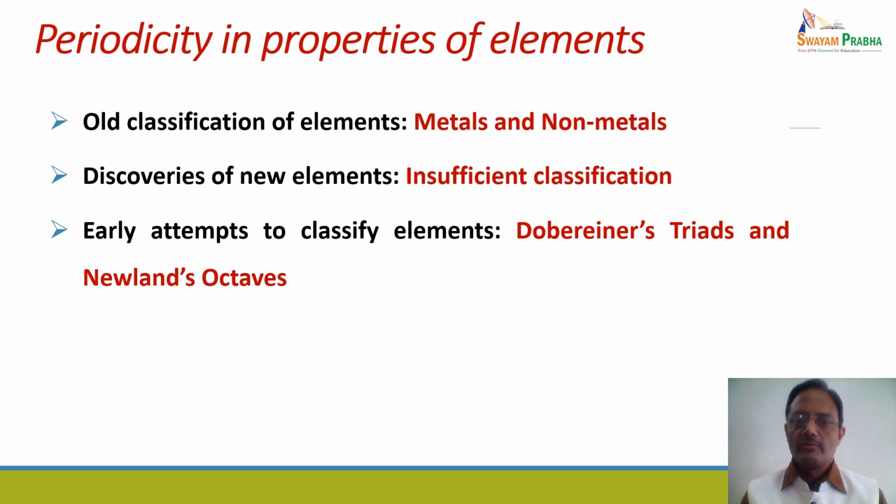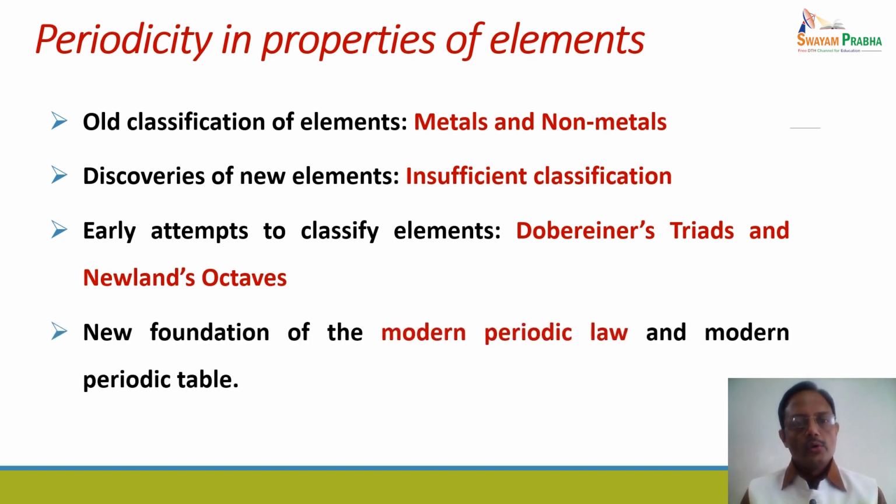So the early attempts were Dobereiner triads and Newlands octaves. The foundation of the modern periodic law was based on various attempts made over a century of efforts by various landmark scientists.